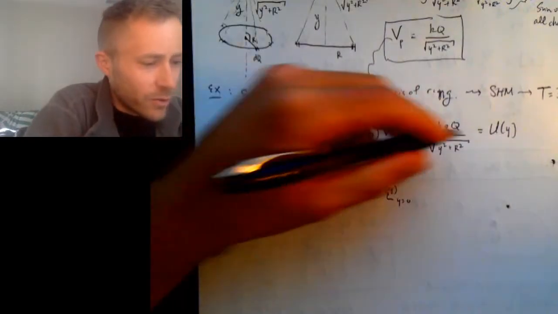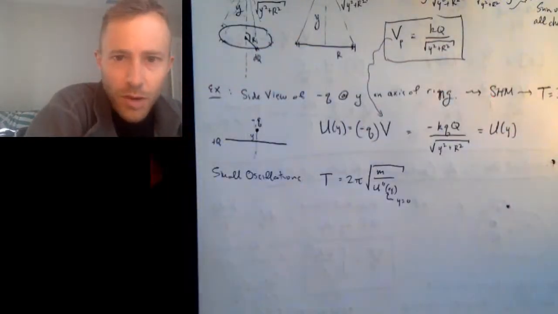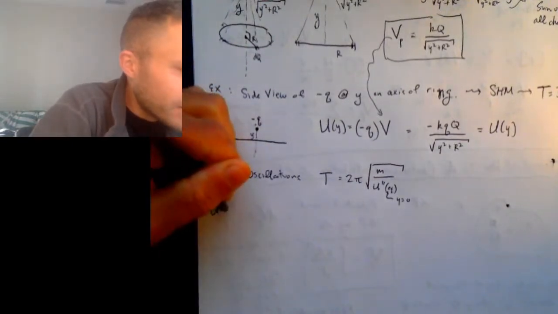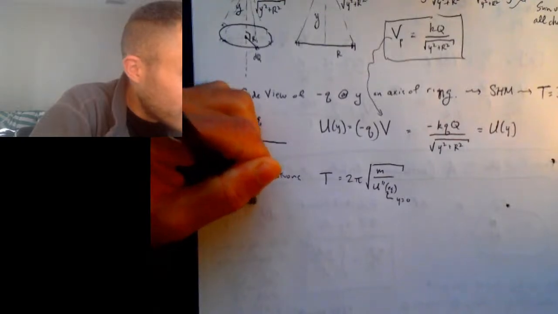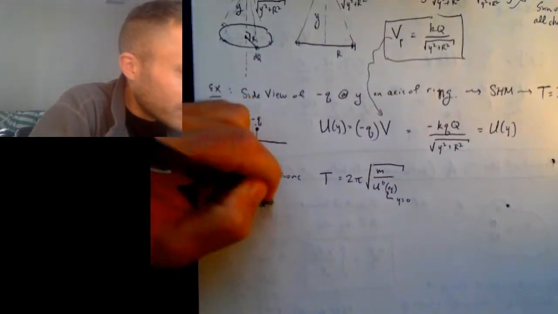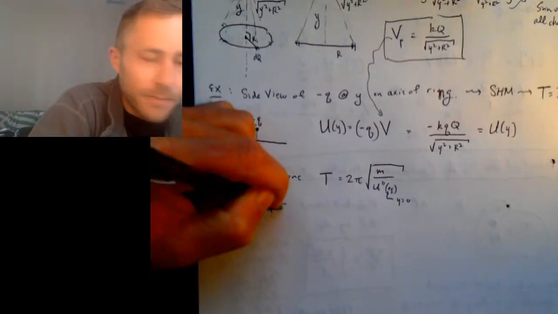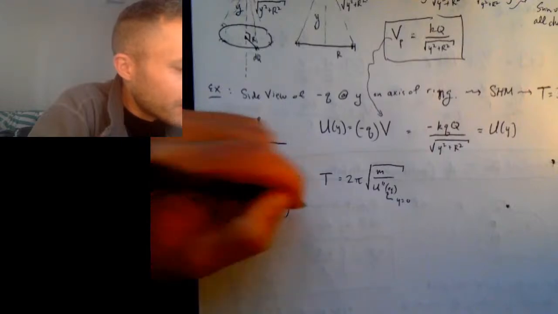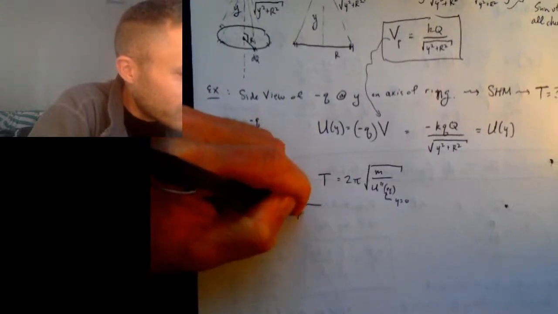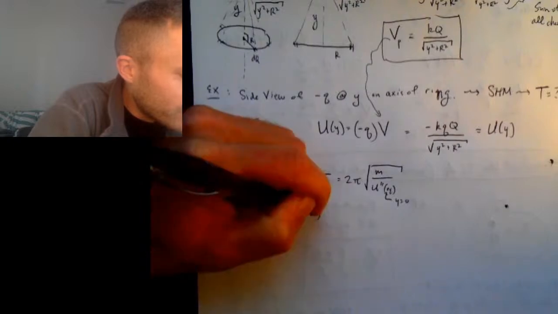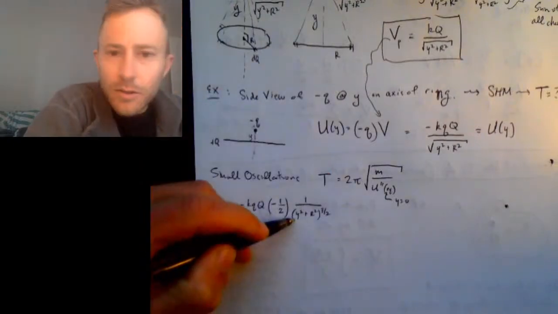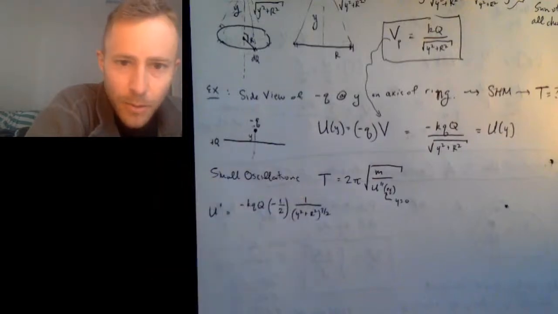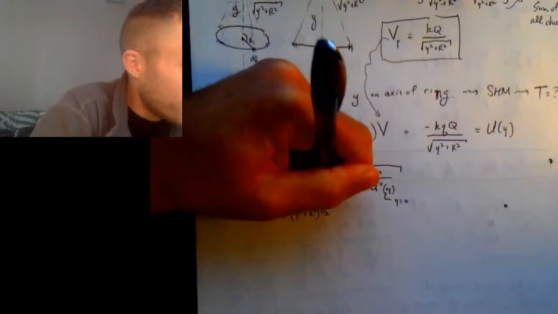So we have to do the second derivative of this function with respect to y. So let me do the first derivative. So u prime is going to be minus k little q big Q times negative 1/2 times 1 over y squared plus r squared to the 3/2 times the derivative of y squared, which is 2y.